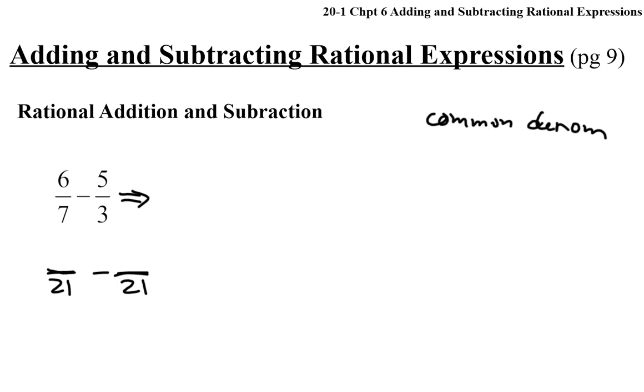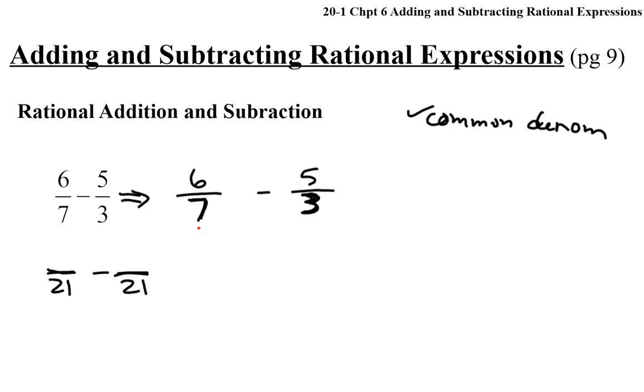Well, what we can see here is if I have 6 over 7, subtract 5 over 3. To get a common denominator, we need to put in the pieces that are missing. So we have a denominator of 7, and then we have a denominator of 3. Well, really, what are we missing from this first denominator?